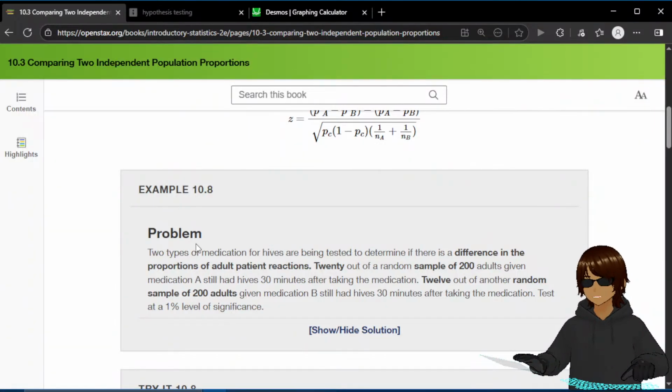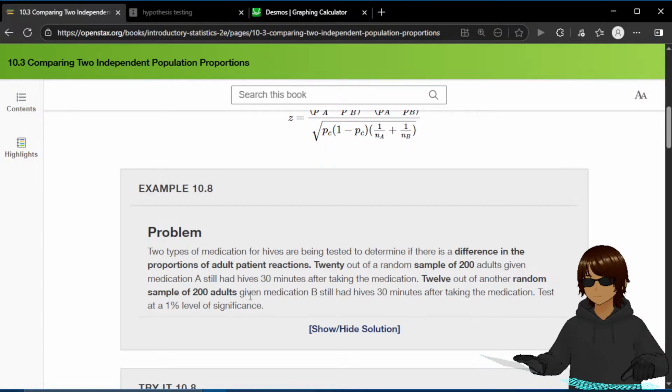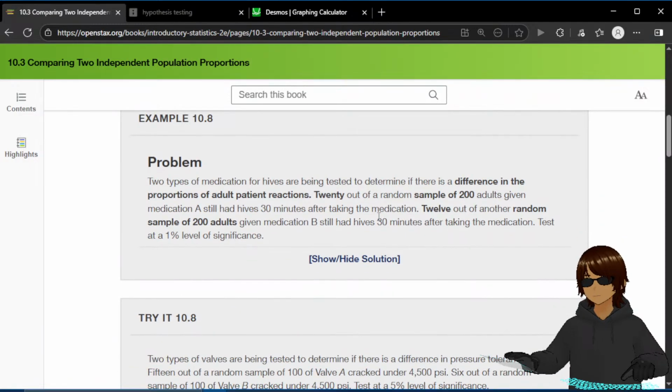Two types of medications for hives are being tested to determine if there is a difference in the proportion of adult patient reactions. 20 out of a random sample of 200 adults given medication A still had hives 30 minutes after taking the medication.